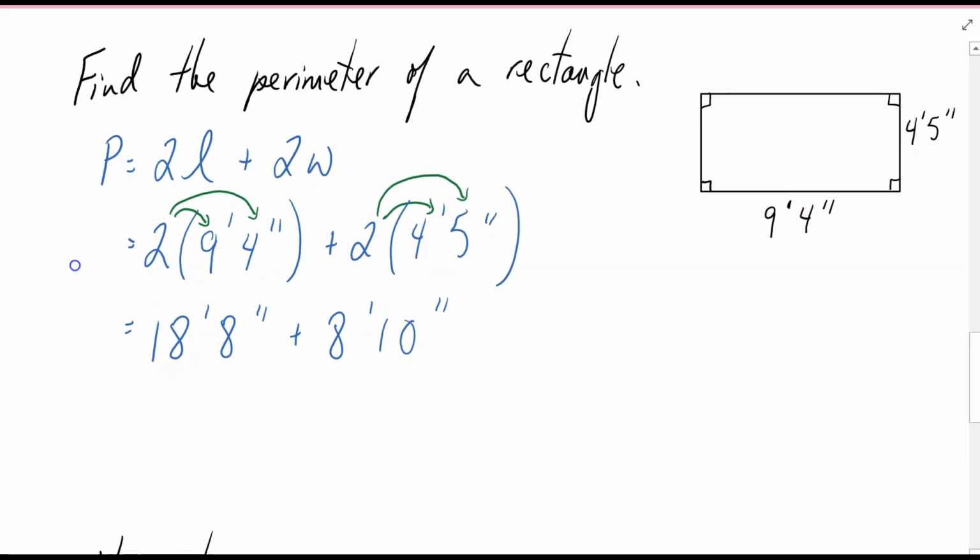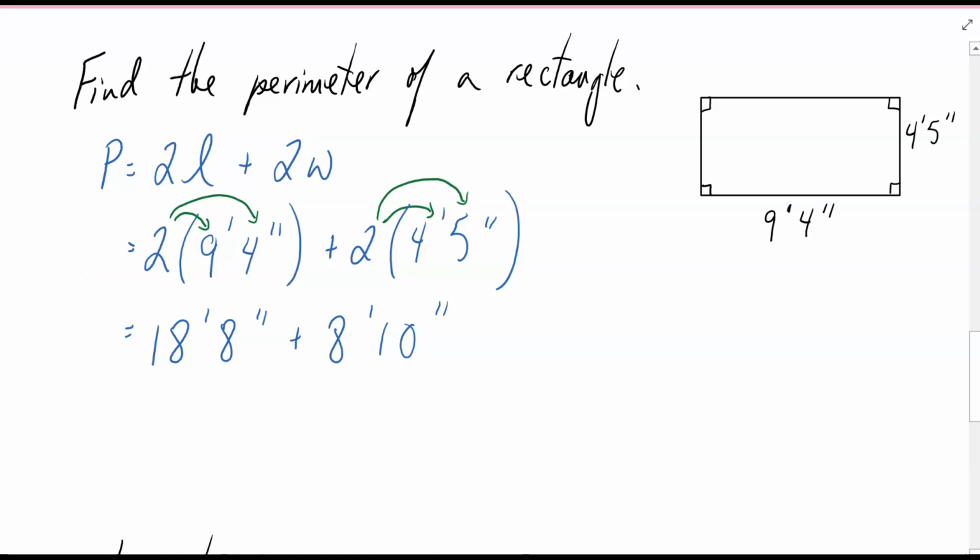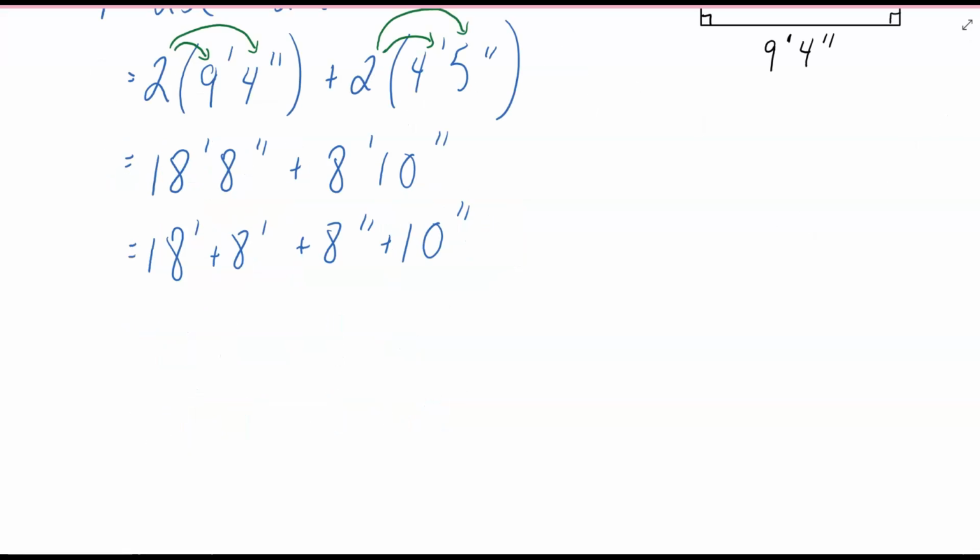Now remember, we can only add like units. So I can add the 18 feet and the 8 feet, and then I need to add the 8 inches and the 10 inches. So this becomes 26 feet, and it becomes 18 inches.